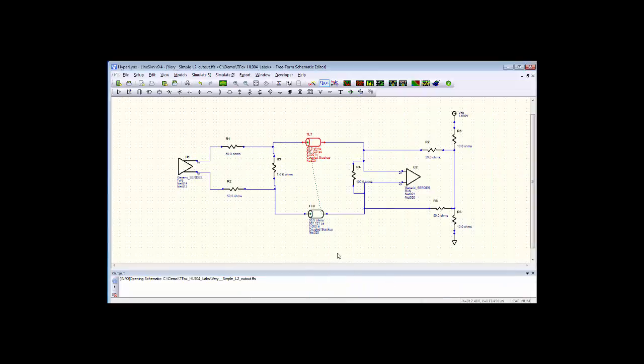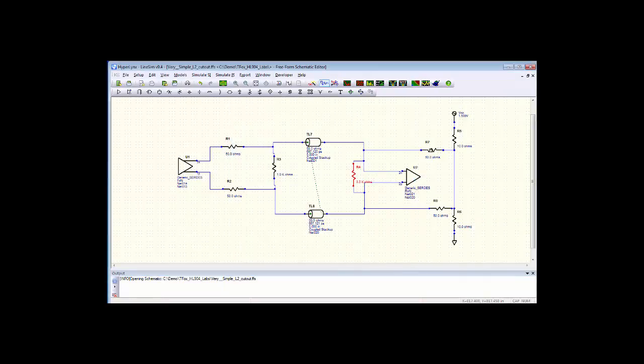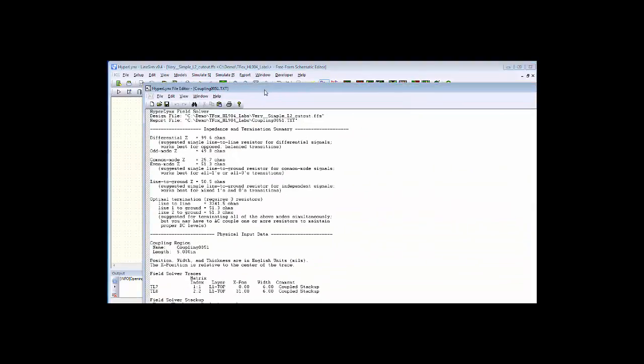So I'll say OK to this. Let's take this resistor and make it 3,300 ohms, so we've made that one larger. Now this was supposed to be about 50.9, but if you take a look, it says about 51.3.